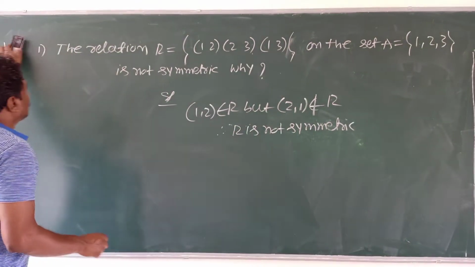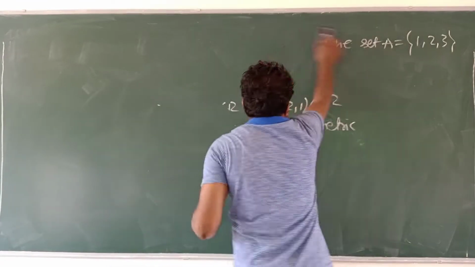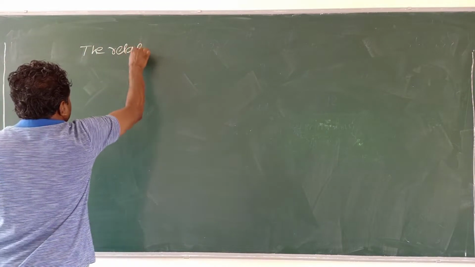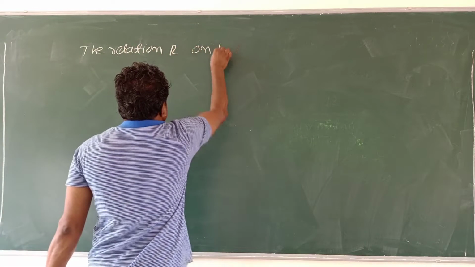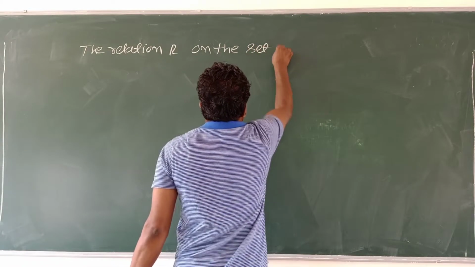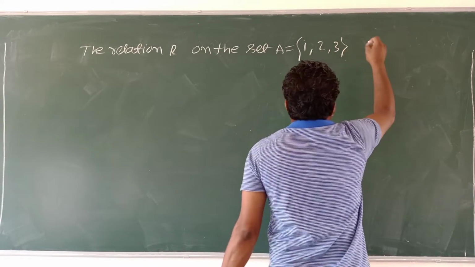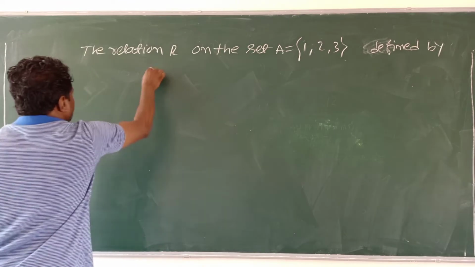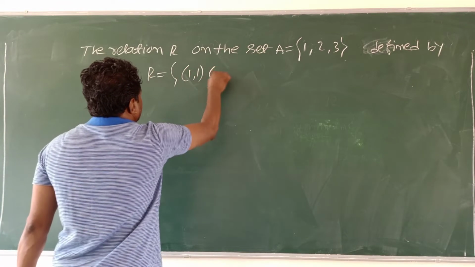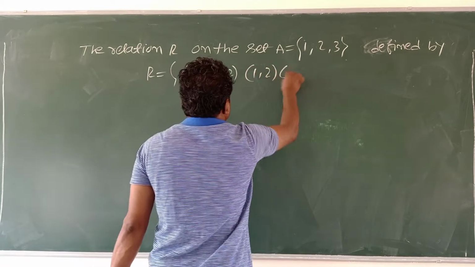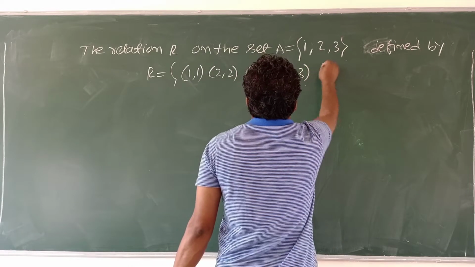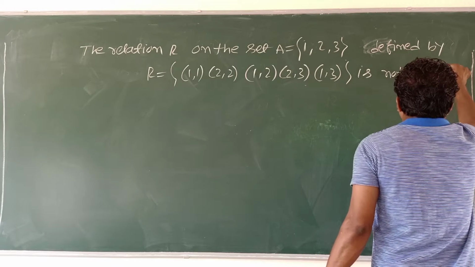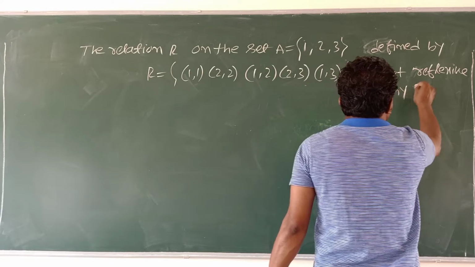Next, one more question. The relation R on the set A = {1, 2, 3} defined by R = {(1,1), (2,2), (1,2), (2,3), (1,3)} is not reflexive.